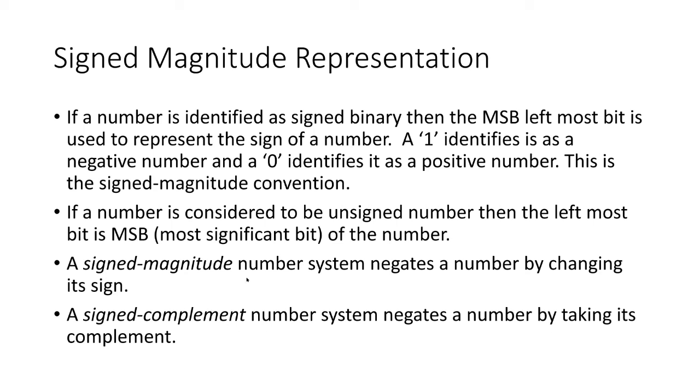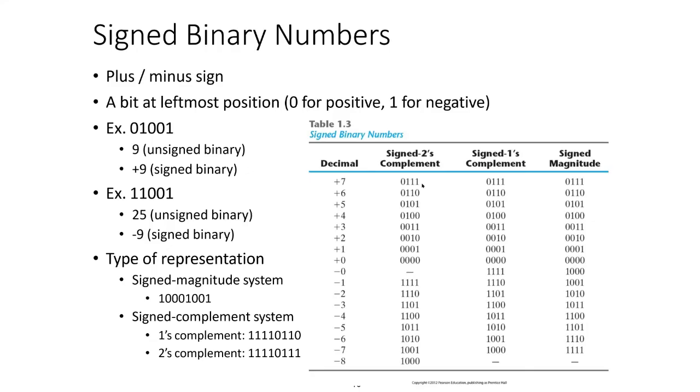In both cases, the most significant bit represents the sign. If it's a 1, it's a negative number. If it's a 0, it's a positive number. Compared with a system that wasn't signed complement or signed magnitude, that most significant bit would just be part of the magnitude of the number.